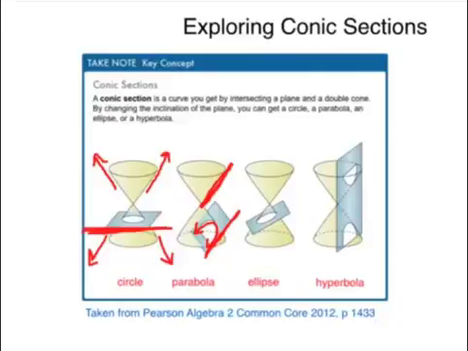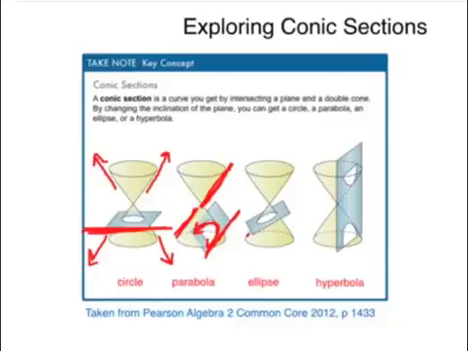We've already done that in Algebra 2. You'll notice this parabola never hits the other edge. It will keep continuing to get wider and wider as the cone gets wider and wider, but it won't ever hit the other side.